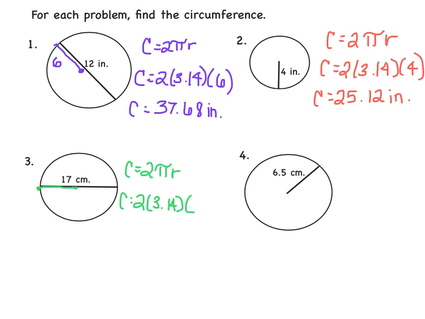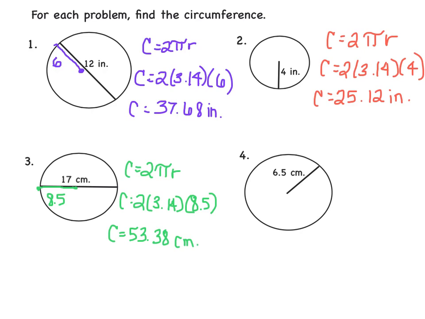So 17 divided by 2 is 8.5. The radius is going to be 8.5. Multiply that by 2 times 3.14, and we get circumference equals 53.38 centimeters.